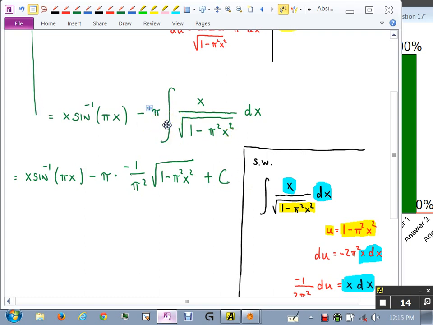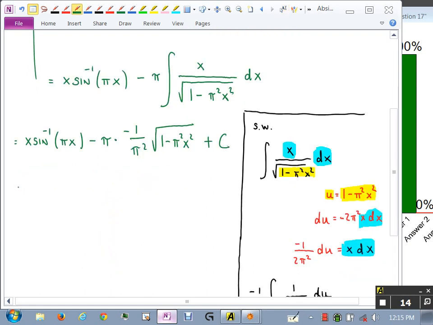You don't want to put negative pi minus this, because you have to multiply these together. So those two negatives become a plus, and one of the pi's cancels. x arc sine pi x, then plus 1 over pi square root of 1 minus pi squared x squared plus a constant.